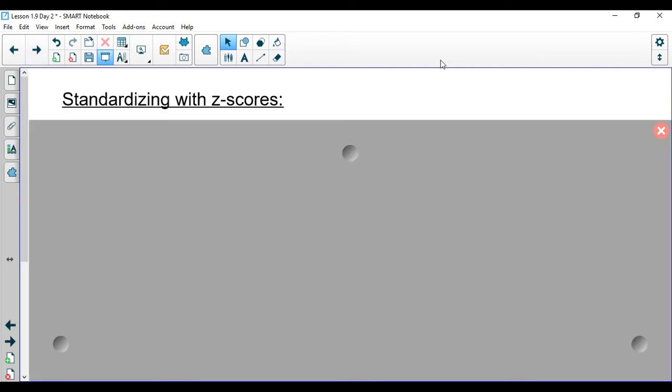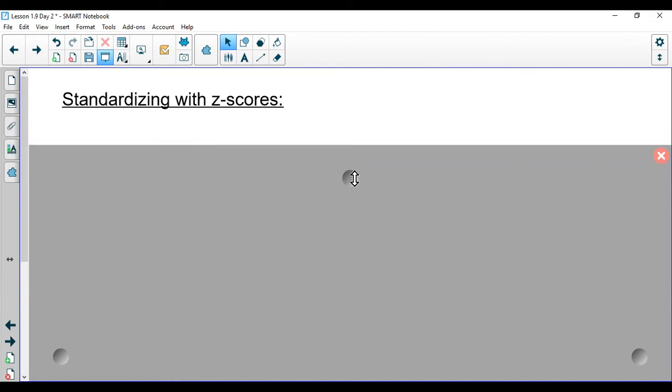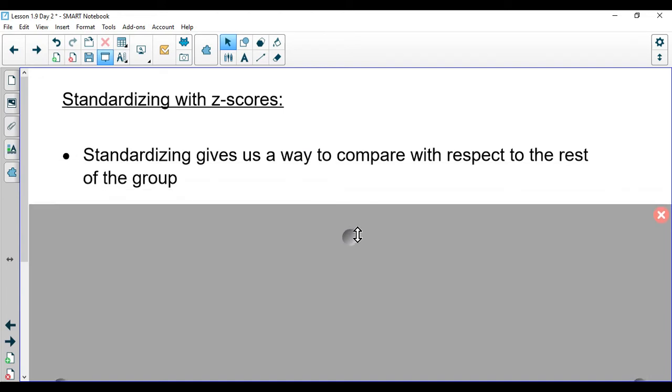So what we're going to start looking at is how we can standardize things with what's referred to as a z-score. You've heard the word standardized test before. ISTEP, ACT, SAT, those are all standardized tests.